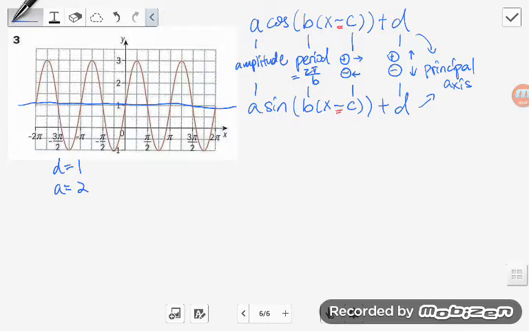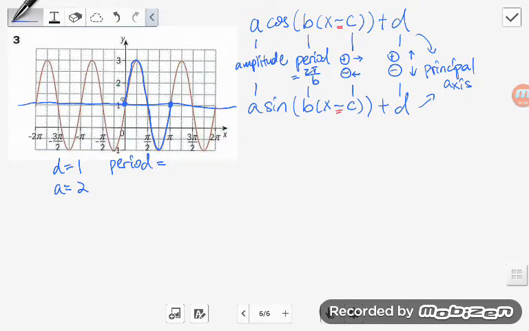Now let's try to figure out my period. The period is just the angle that will give us one complete cycle. Starting from here, I go up, then come back down, and then go back up again. I'm back to where I started.